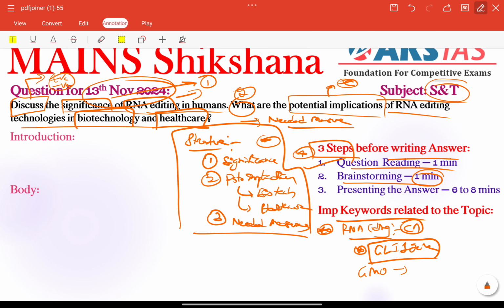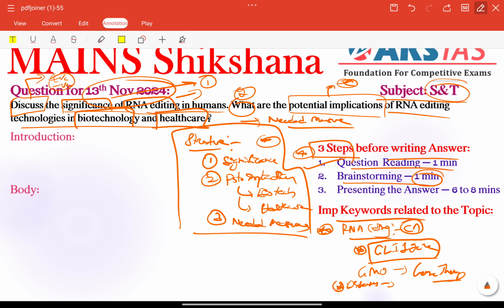Other than that, we have some gene therapy and also some important studies related to RNA editing recently, for example 2022-23. Gene therapy and disease treatment related, or we can give some diseases especially as examples here.